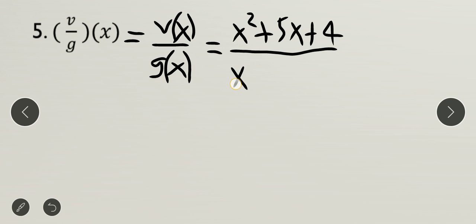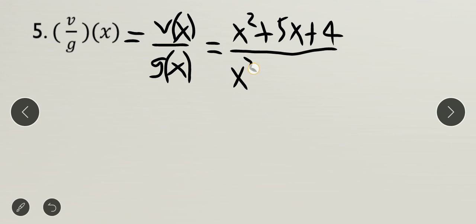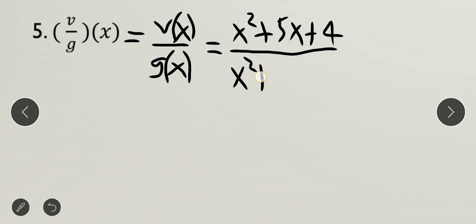G of x is equal to x squared plus 2x minus 8.